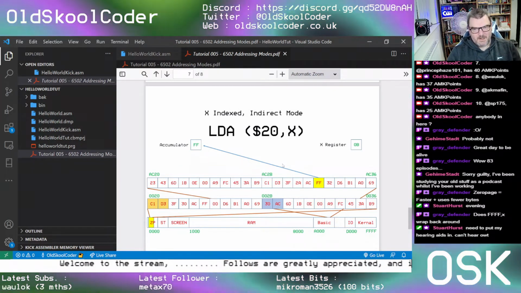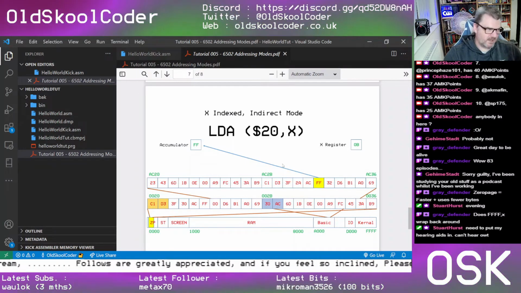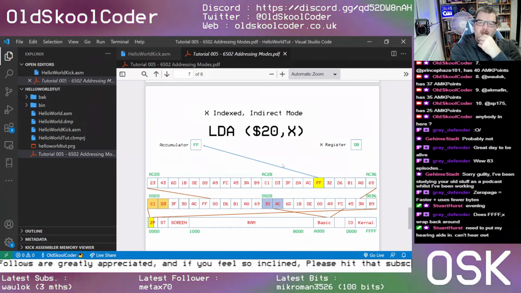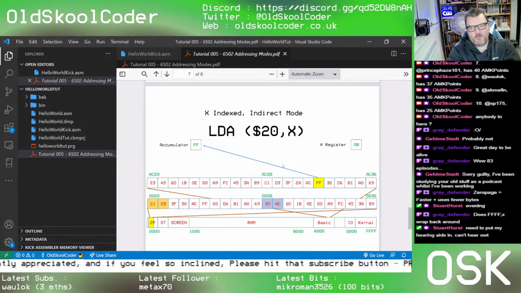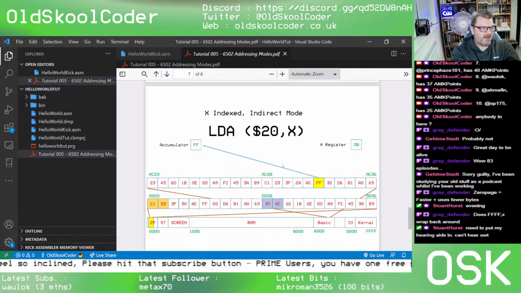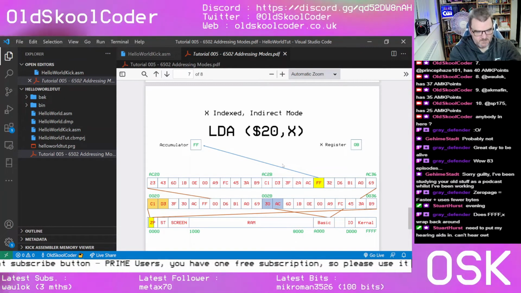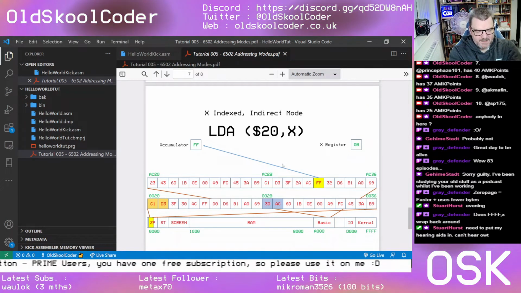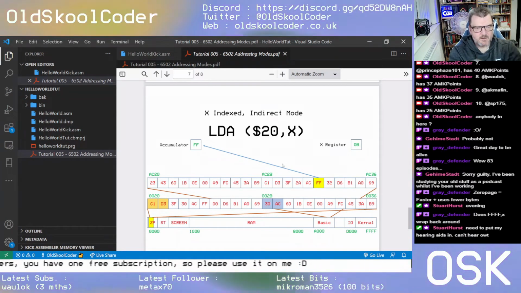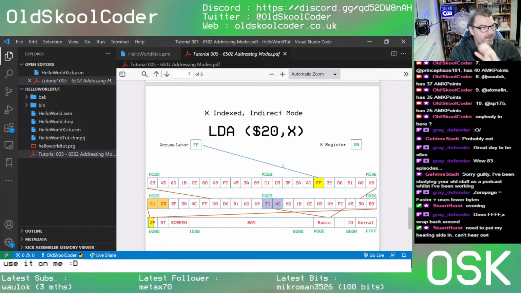Anyway, right, here is the first of the ones that really confuses people. It's called indexed indirect mode. What it means is we're not telling the CPU exactly which memory location to go and get the value from.